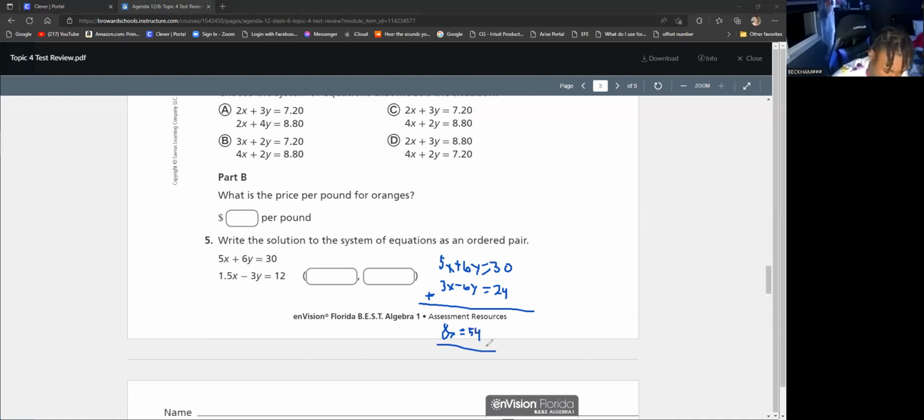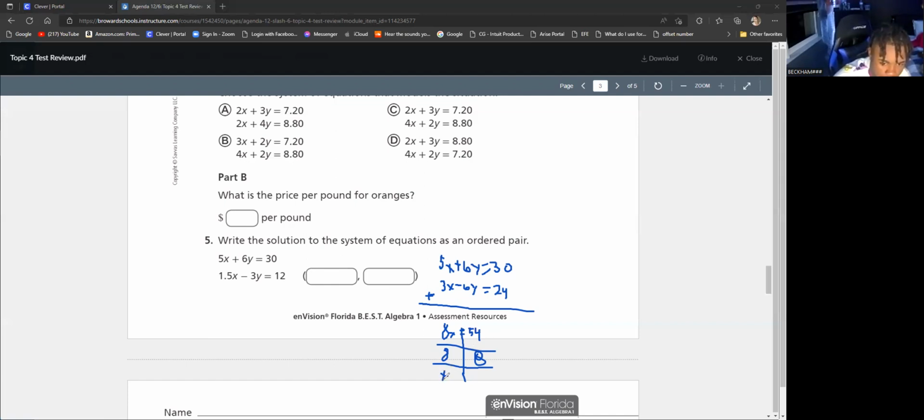What is that? If you reduce 54 over 8, that's 27 over 4. Reduce it to lowest terms.